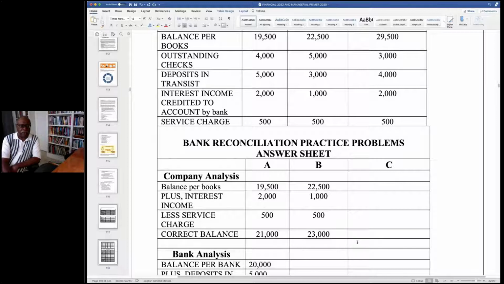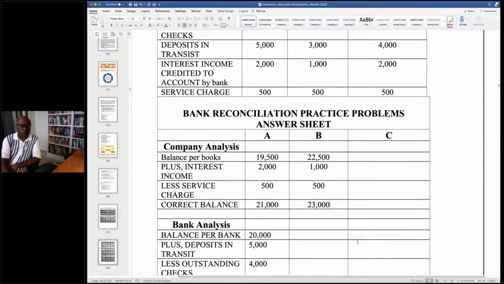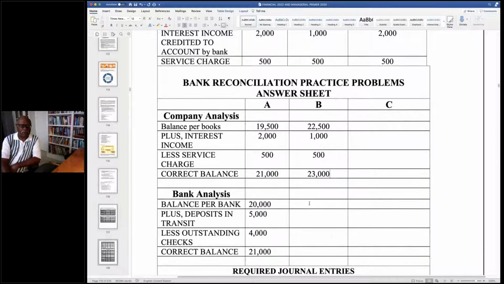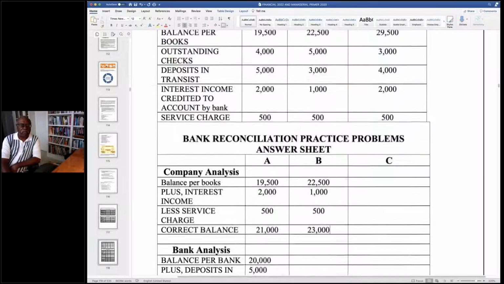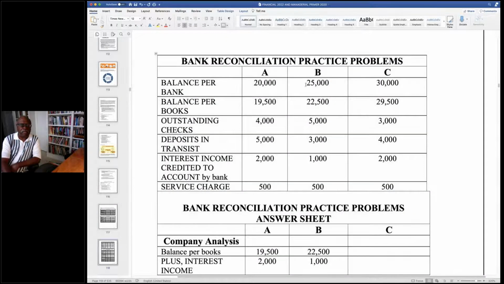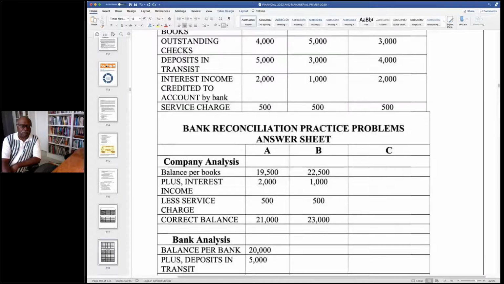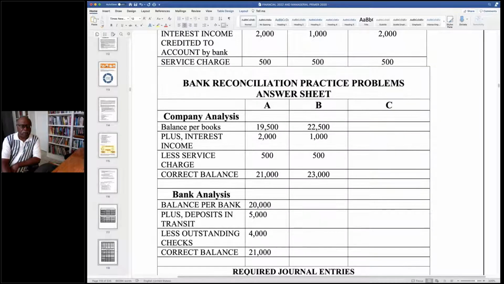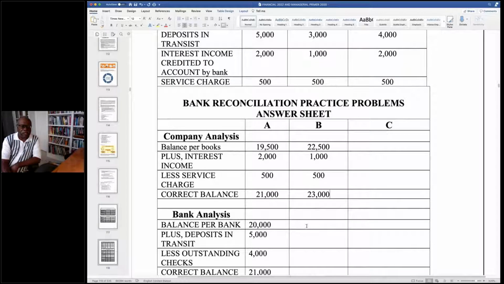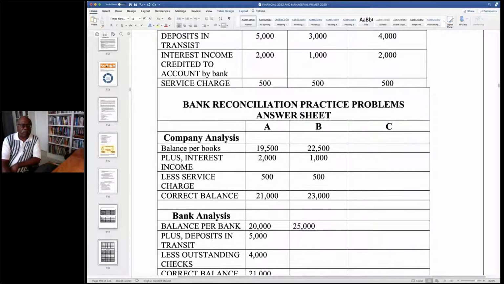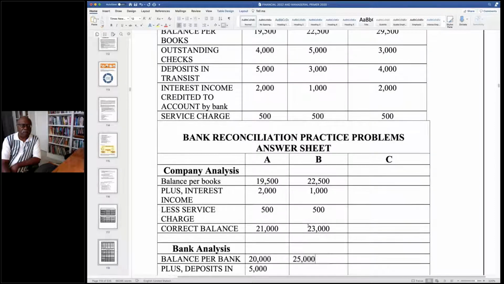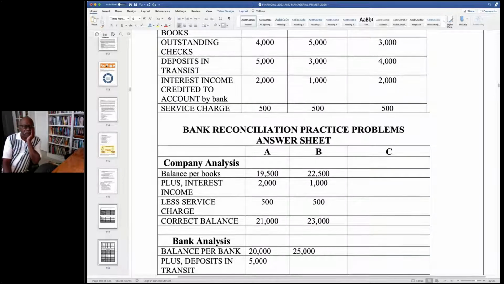Now let's go down to the bank analysis. We know that we have to pick up what? The balance per the bank at 25,000. What else do we have to do?